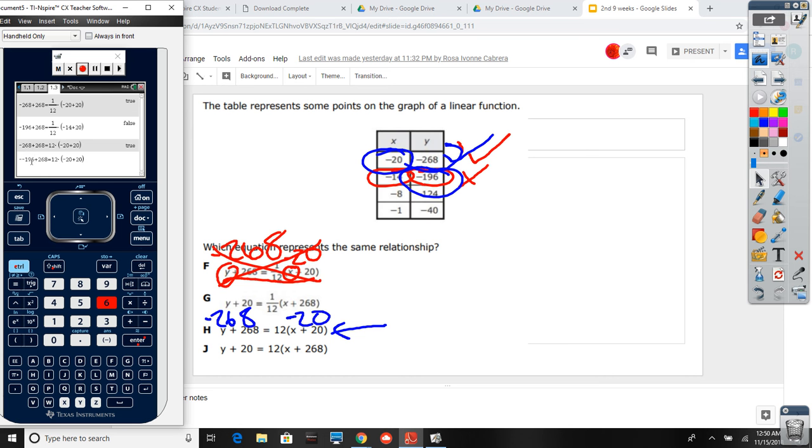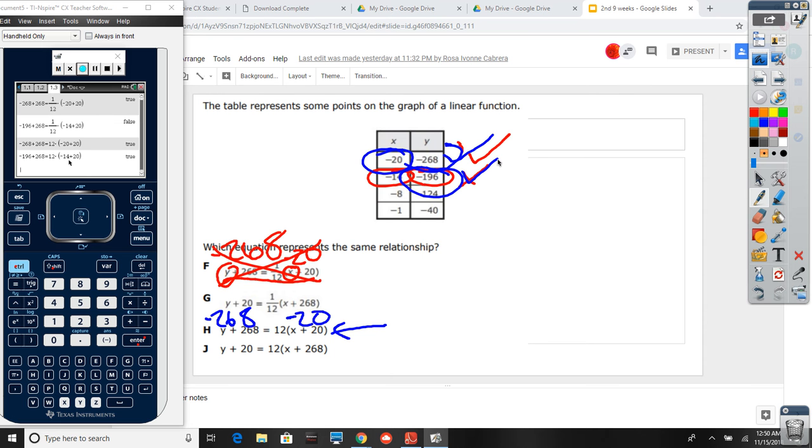Oh, I typed in two negatives. Okay. And then instead of this negative 20 over here, I'm gonna replace it with that negative 14. And it's also true. Okay. So far, so good.